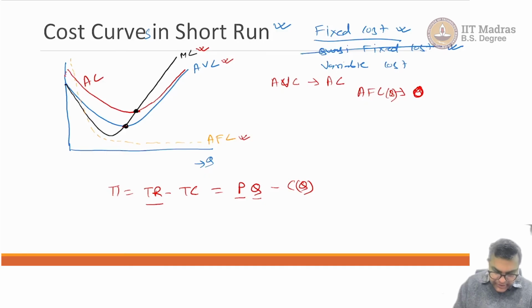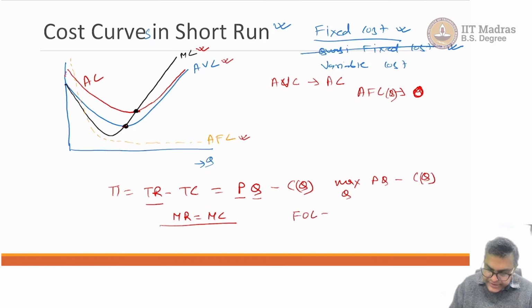And the first order condition we had already figured out, that marginal revenue has to be equal to marginal cost. So if we do this maximization, and of course we have to do it with respect to Q, the first order condition is going to be P minus MC of Q is equal to 0.